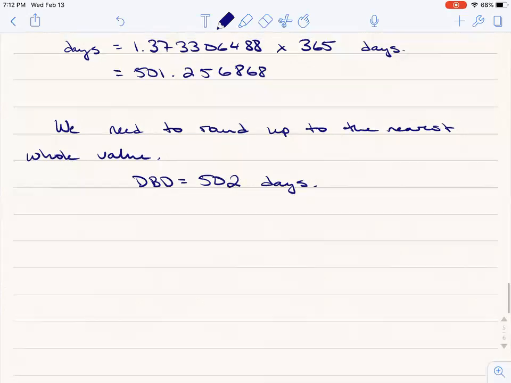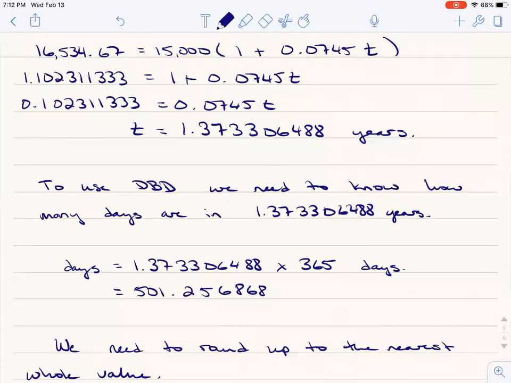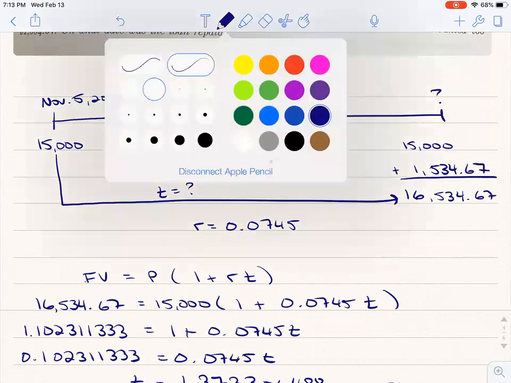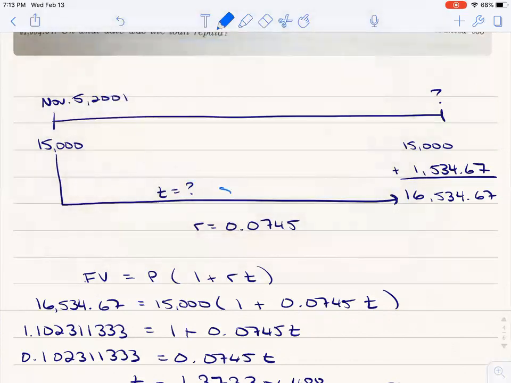So what we know now is that from November 5th, 502 days later is when she repaid and had to repay this amount in interest. Here we can say, well, we just calculated this, 502 days.